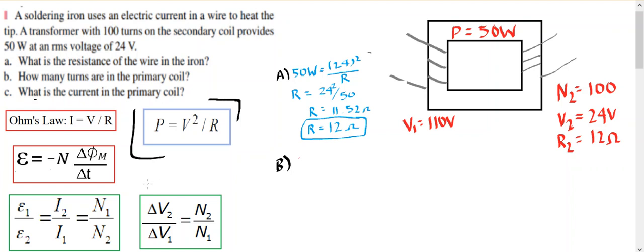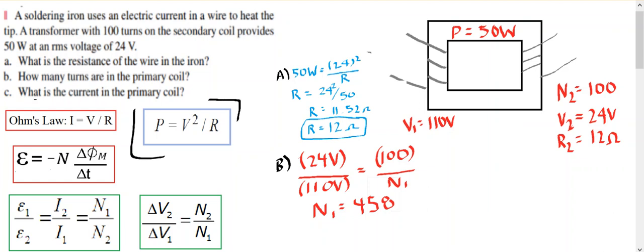Therefore, we are choosing to use this formula. So we will plug in our values over here. And now we will solve for N1, and we get that the number of turns for the primary coil is 458, but if we were to round due to significant figures, we get 460.